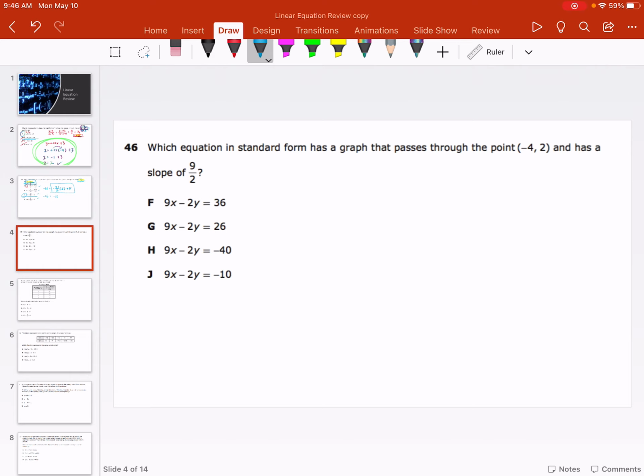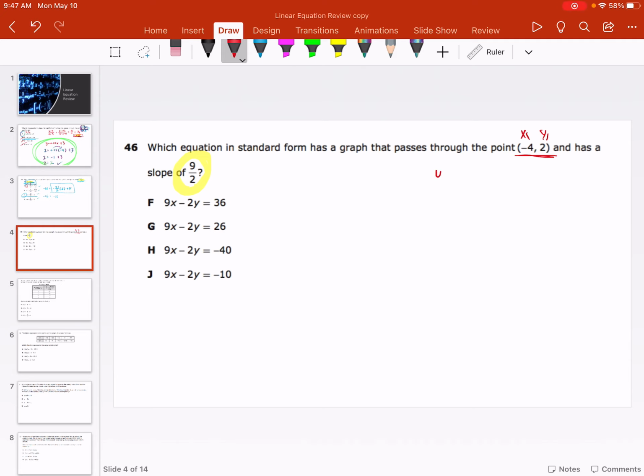now, let's do this question. According to the question, it said which equation in standard form has a graph that passes through this point and a slope of 9/2, right? So one thing that you have to know, it has a slope of 9/2, and with this one. So let's do this one. This one is x1, y1, right?